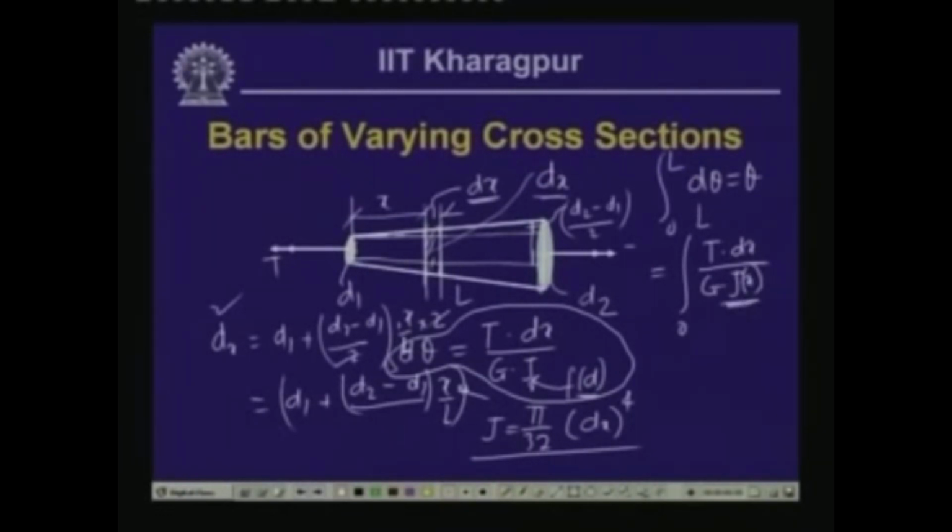J we have computed in terms of d, and d is a function of x, so J also is a function of x. If we evaluate this integral, we can get the value of theta. So, for a bar of varying diameter, we can compute the stress for the least diameter, and we can compute the angle of rotation theta from this expression.